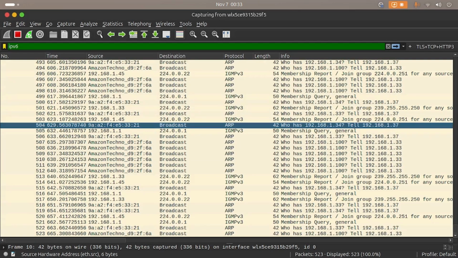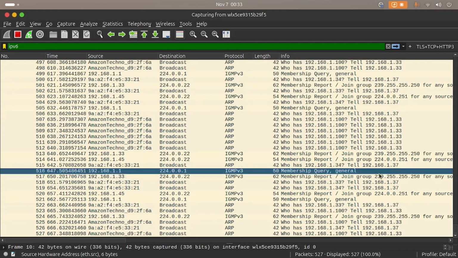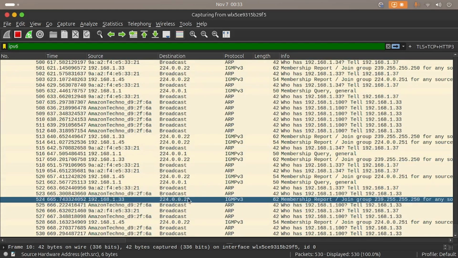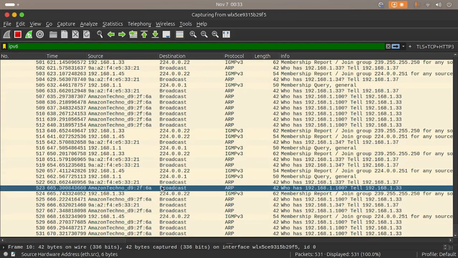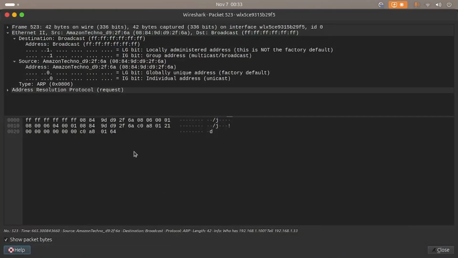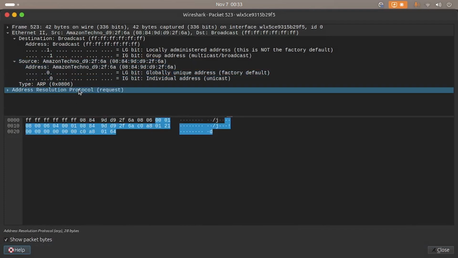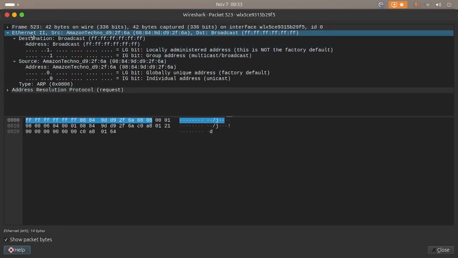See, this is Wireshark. In Wireshark I'm getting a broadcast message from Amazon Techno something. I'll open this up. Now see over here, this is the proper IP address with all the headers. So there's the broadcast.